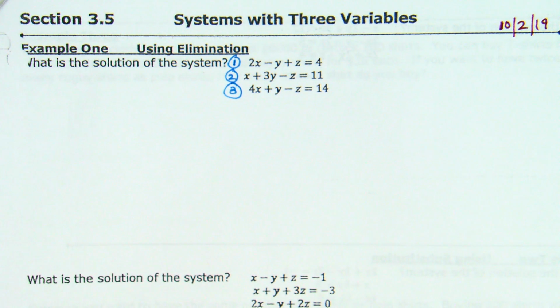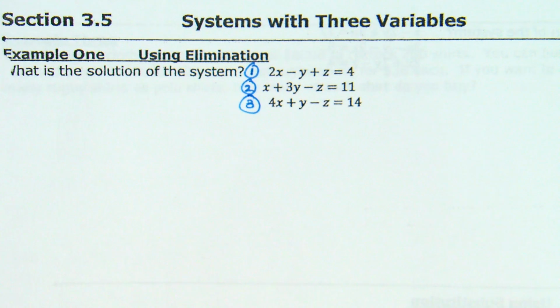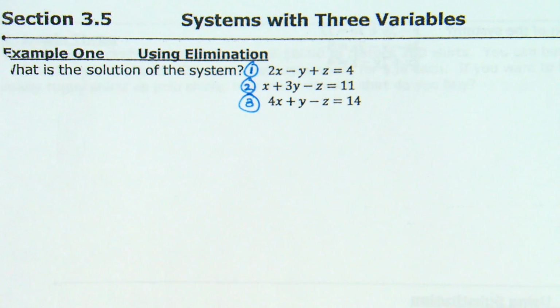The first thing we're going to do is pick which variable we want to eliminate the first time through. We want to get this to where 2 of these equations have just 2 variables, where we've eliminated a variable. What looks easiest to eliminate?